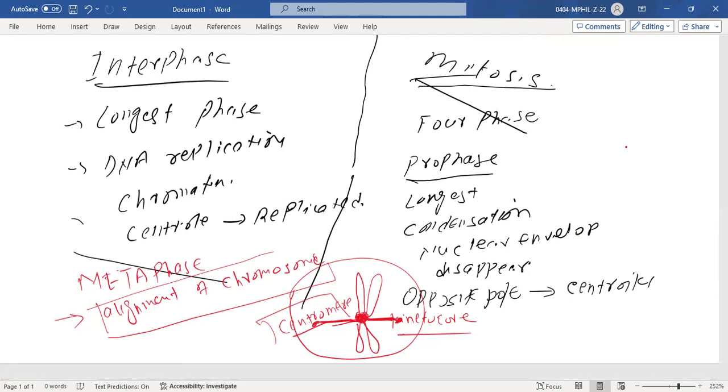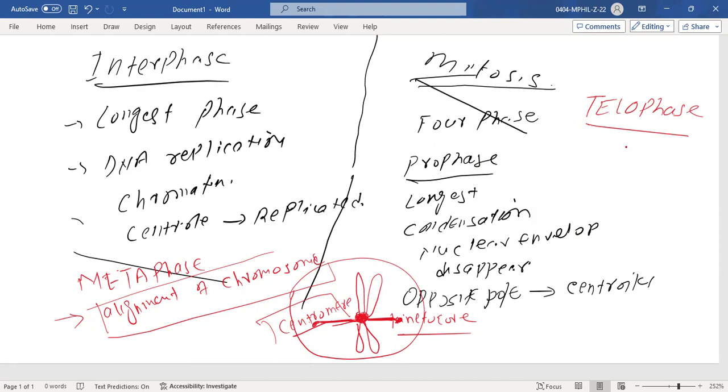Telophase. One thing about telophase. Sir, the key change is the reappearance of the nuclear envelope. It is very opposite to prophase.